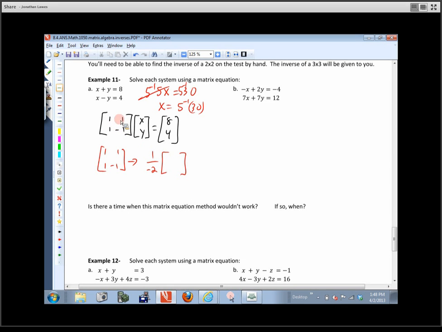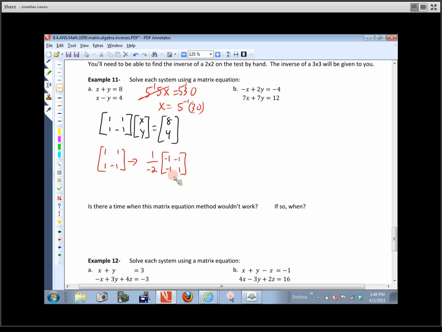Okay, so this is going to be a negative 1, and the other one changes signs. Sorry. This is a negative 1, and that's a negative 1, right? You with me there? Okay, that's the inverse.